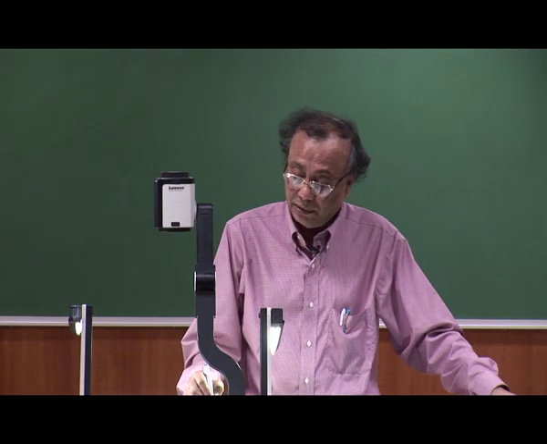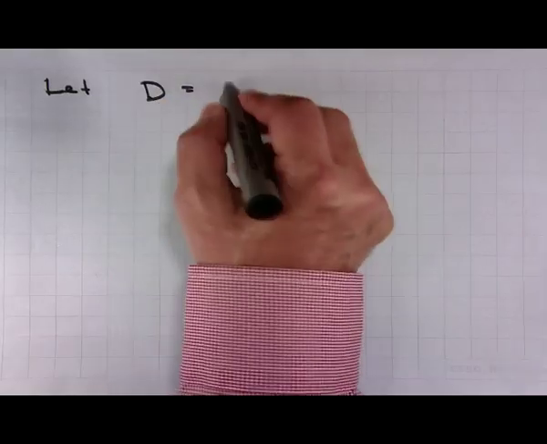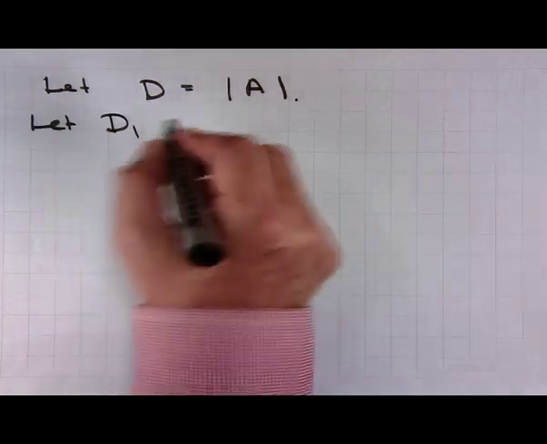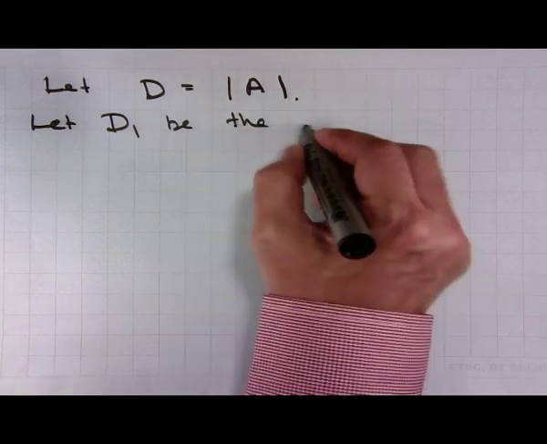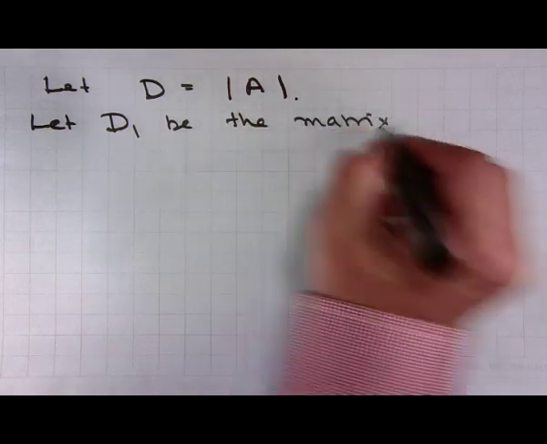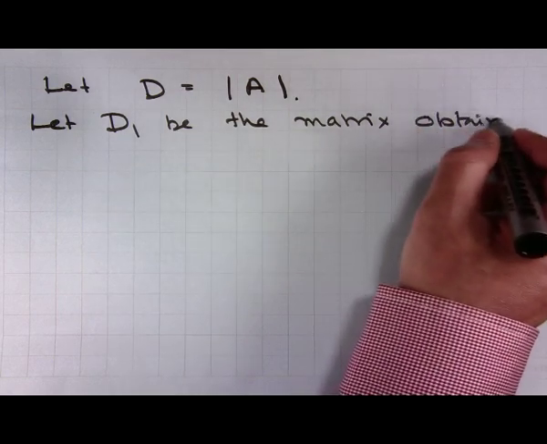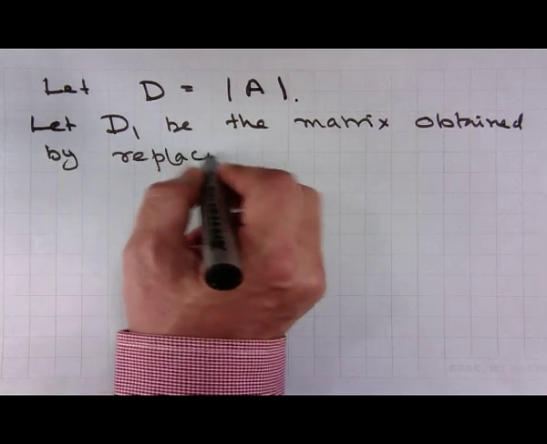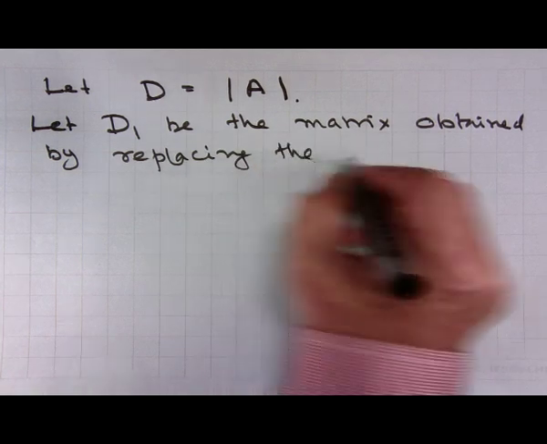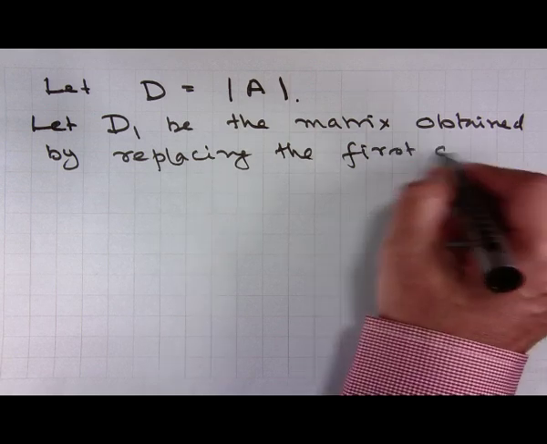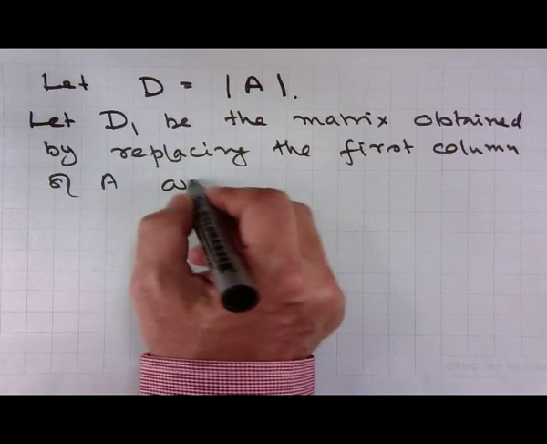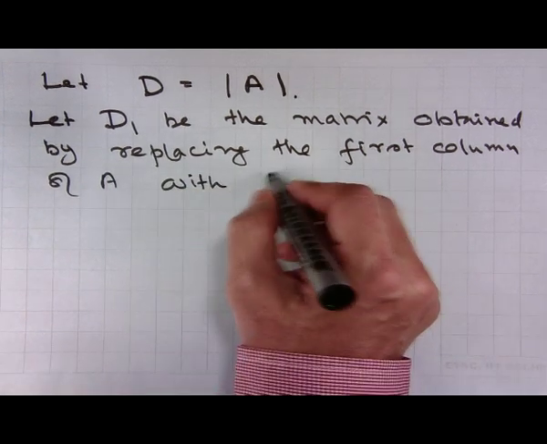So, let D is equal to determinant of A. Let D1 be the matrix obtained by replacing the first column of A with B vector.